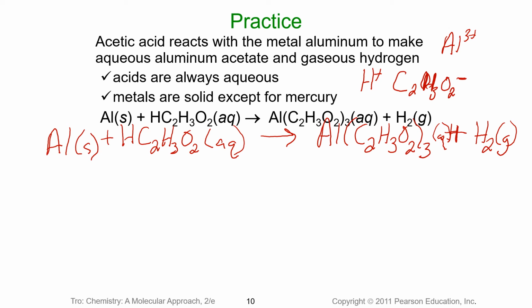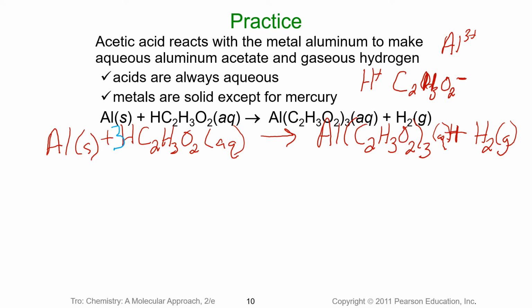You can think of it like X. Because it doesn't change from the left side to the right side, we're going to keep it all together as one group to make the balancing easier. So we have 3 acetate on the right. In order to gain 3 acetate on the left, we're going to have to put a 3 in front of our acetic acid. We have 1 aluminum, so we're good there.